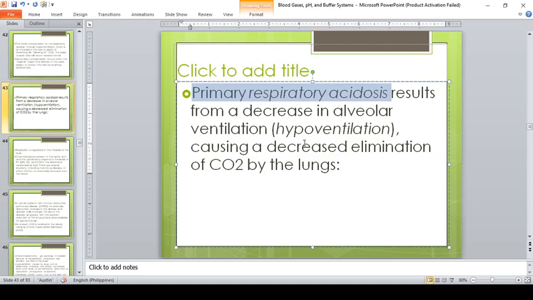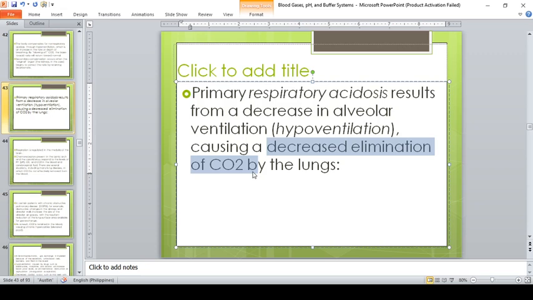Kaya nga siya respiratory acidosis. Okay? In this case naman, it results from a decrease in alveolar ventilation. Okay? So, merong hypoventilation.